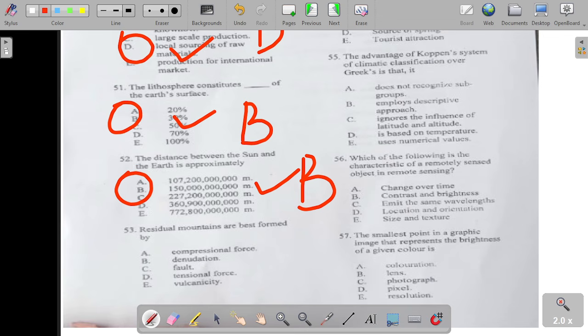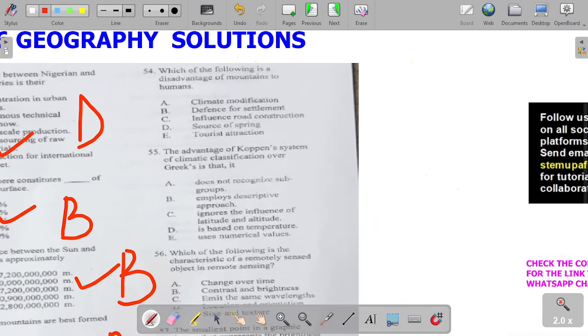53. Residual mountains are best formed by compression force, denudation, fault, transitional force, volcanicity. It is denudation. 53 is B. 54.